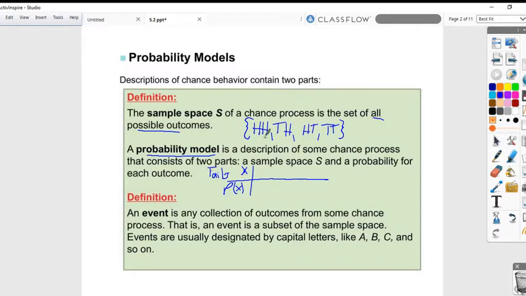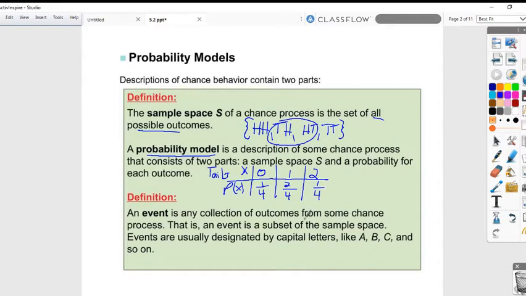If you're looking at 2 coins, you can get anywhere from 0 tails to 2 tails. If you get 0 tails, there's 1 out of 4 chances. There's 2 out of 4 chances to get 1 tail, and there's 1 out of 4 chances to get 2 tails. That's a probability model.